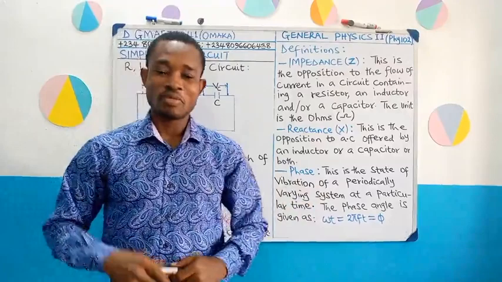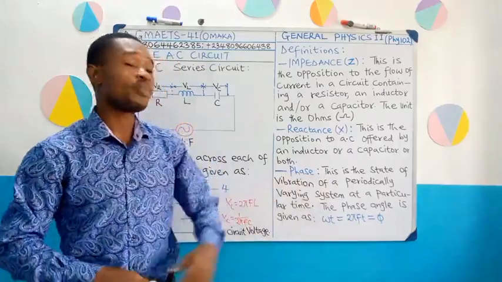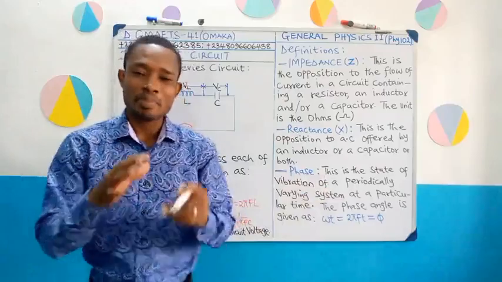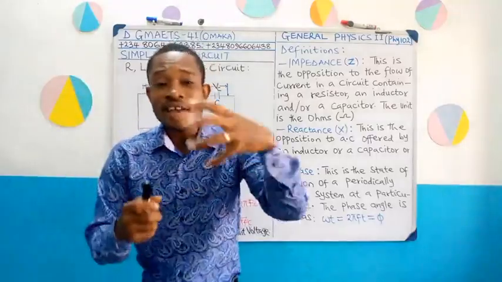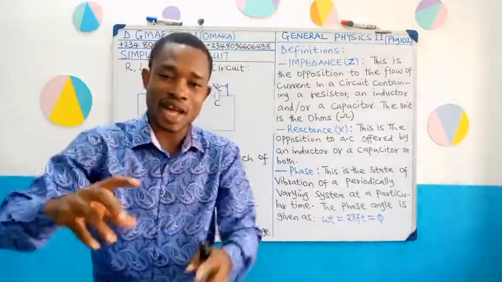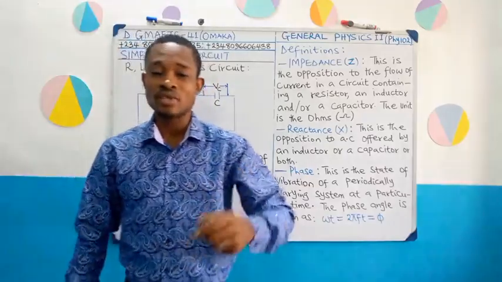Phase. We've been using that word since. Phase, what is it? It is simply the state of vibration of a periodically varying system at a particular time. The state of vibration, the level of vibration, the value that that system attains at any particular time. That is what we refer to as phase.